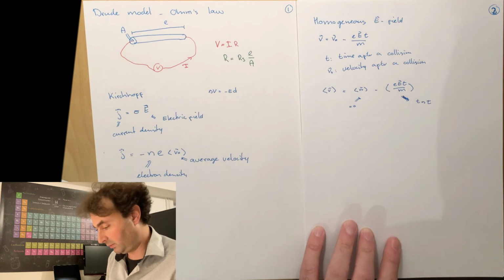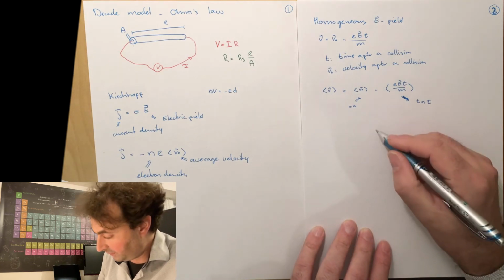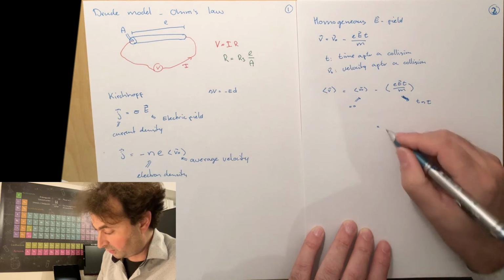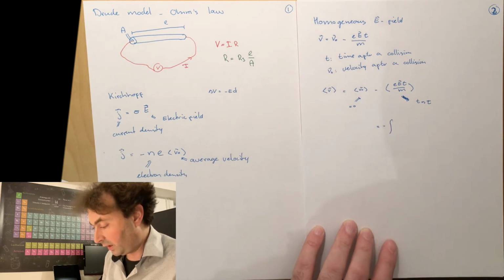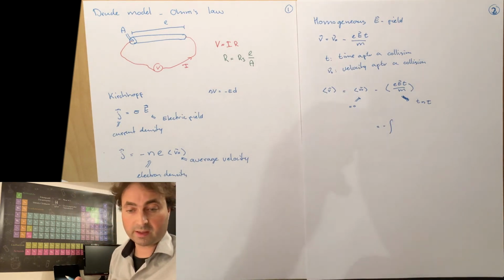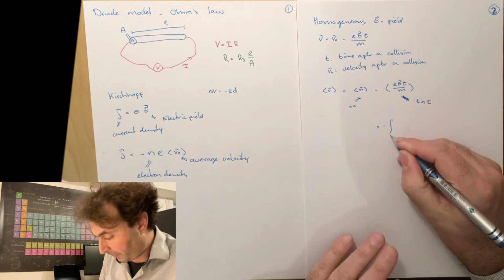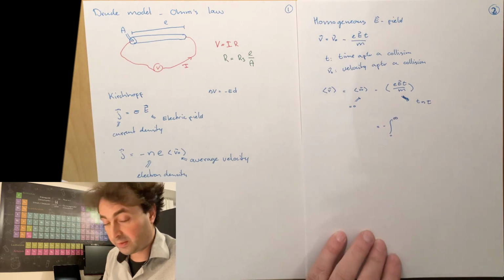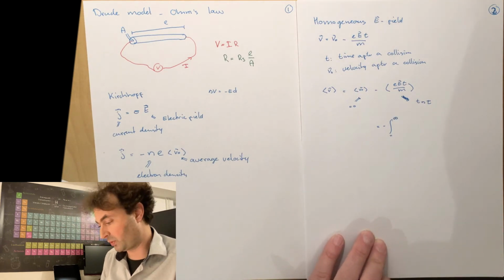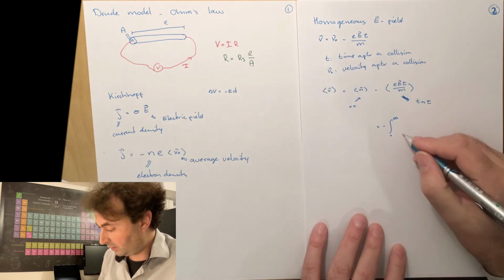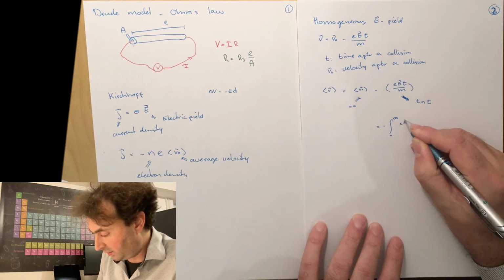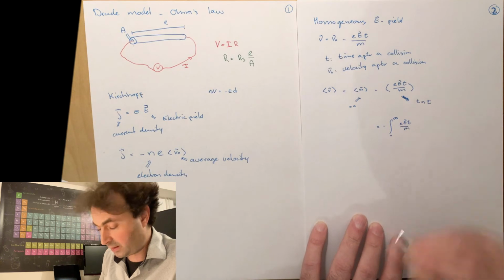Let's have a look at this a bit more carefully. So this is an integral, because I can of course have an electron that immediately scatters after a previous scattering event, or takes extremely long after a scattering event. So I have to integrate from 0 to infinity. Then the velocity that I have at that point in time.